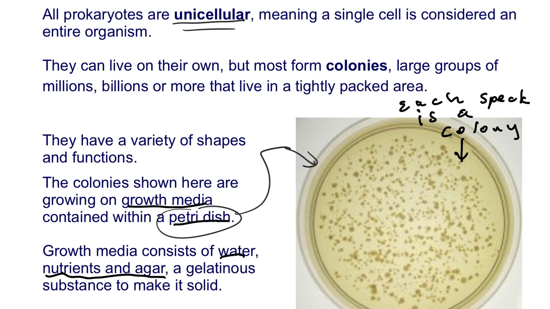And the petri dish has a growth medium on it, which is just a gel called agar with nutrients dissolved in it. It's like a jello, a stiff jello. And then the bacteria are growing in colonies here. There's millions of bacteria cells in one colony. They'll cover that whole plate if you let it.